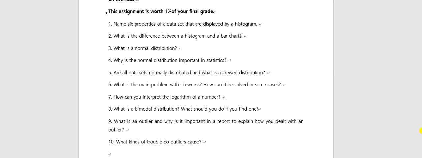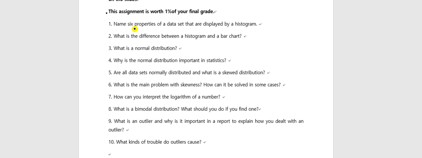So first of all, question number 1: six properties of a data set. First, it represents a list of numbers. The numbers are univariate, quantitative. Third, they show a picture of data values at a glance, very quickly.